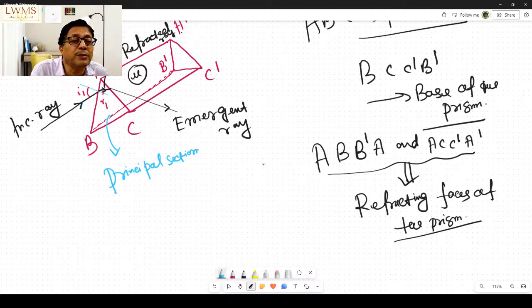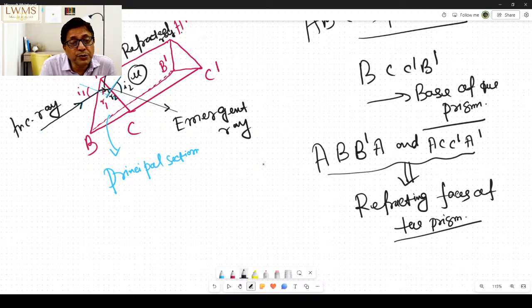Again, you draw the normal here, normal to this surface. This angle is R2 and this one is I2. This one I2 and this angle, this is the normal, no? So this angle is R2. Clear?